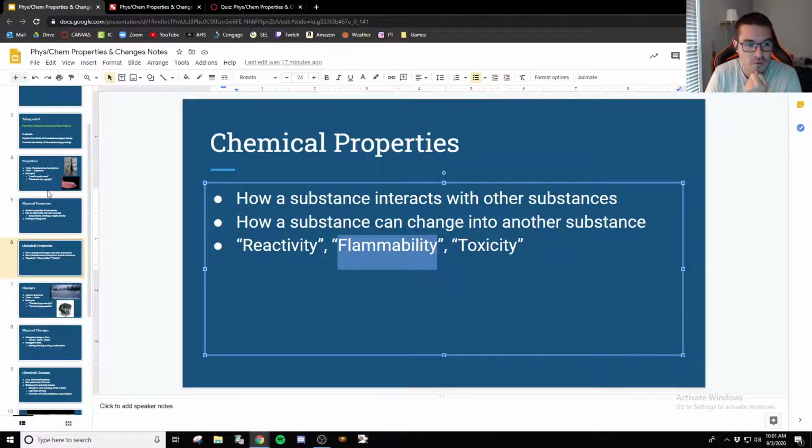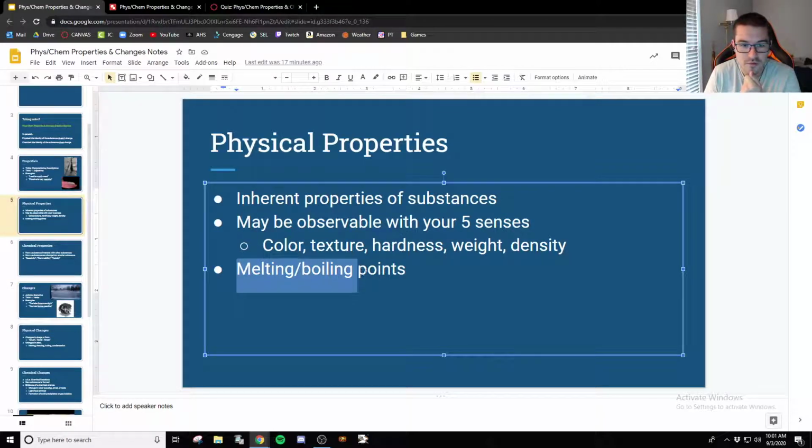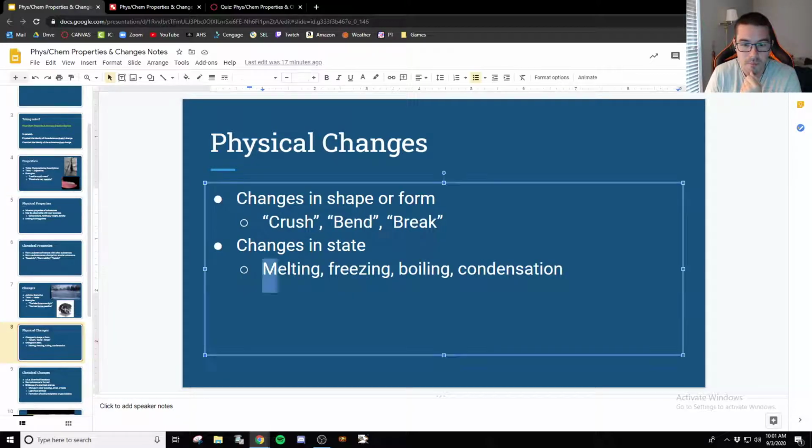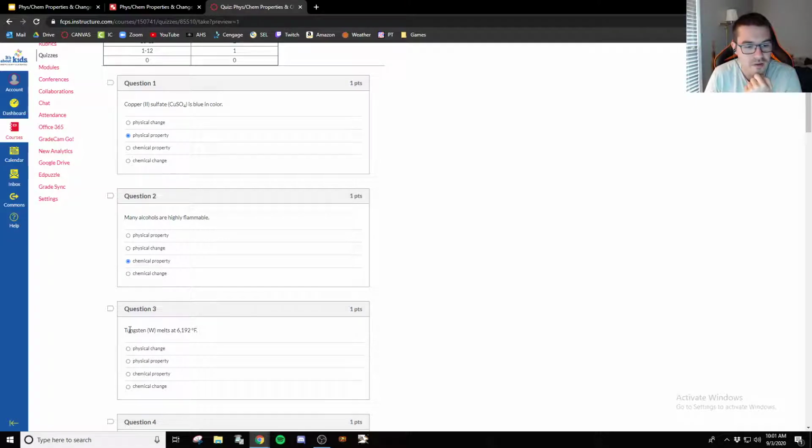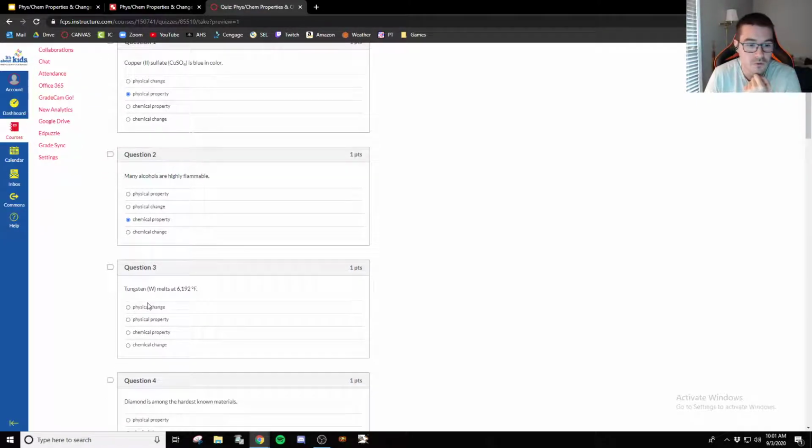If I go back to the notes, physical properties have melting and boiling points. So melting and boiling points are physical things. Same thing here in the changes: melting, freezing, boiling, condensation, those are physical things. So here on this quiz, the fact that we're talking about something melting, it's definitely physical.